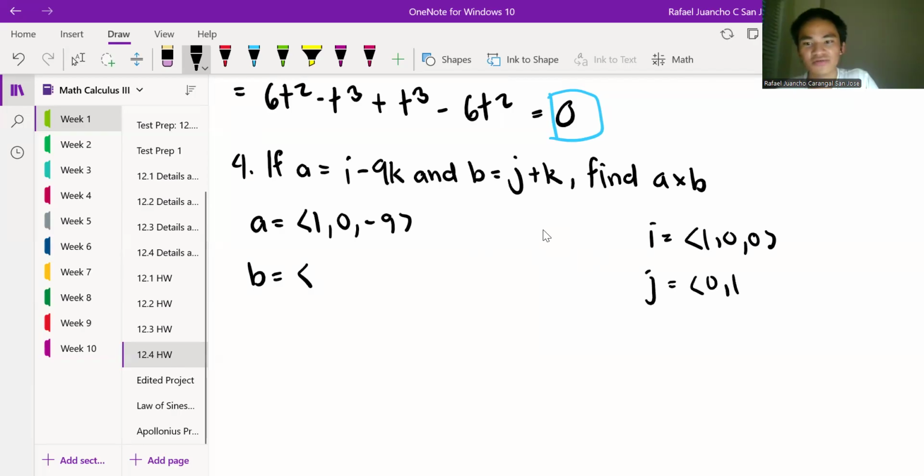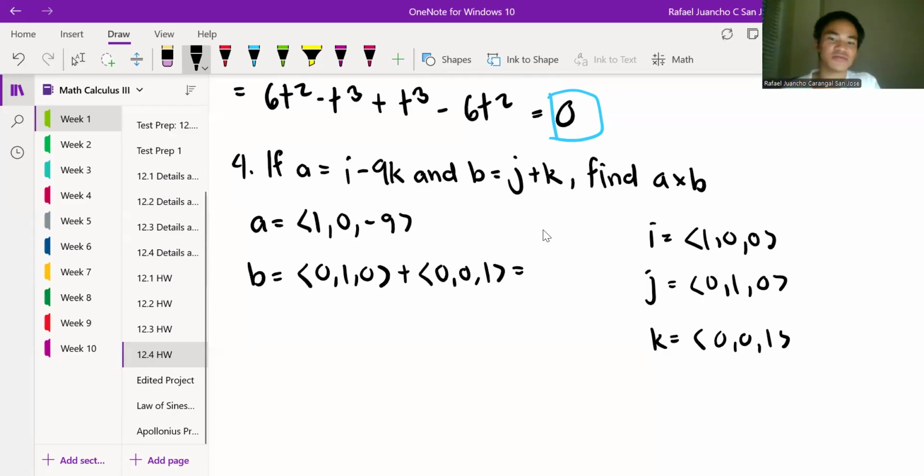J is 0, 1, 0. K is 0, 0, 1. So we're getting j and we're adding it to k. So we have 0 plus 0, 1 plus 0, 0 plus 1. So we have 0, 1, 1.